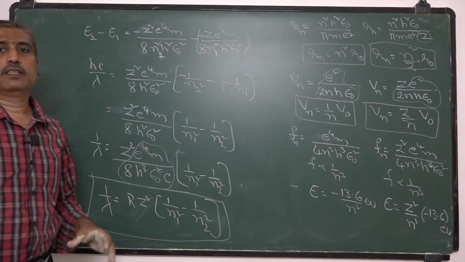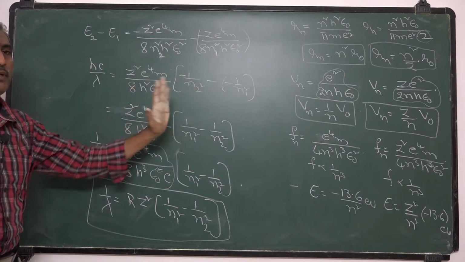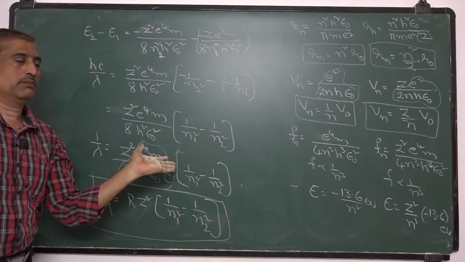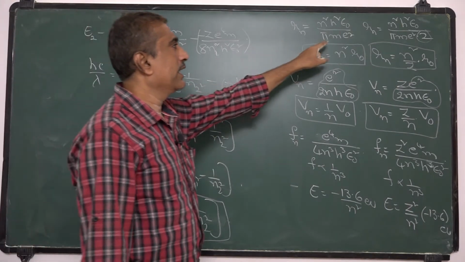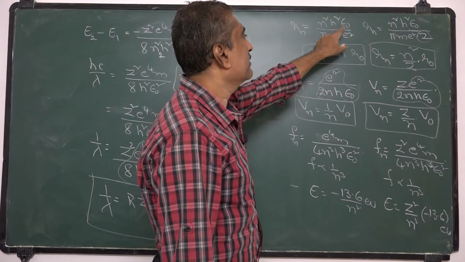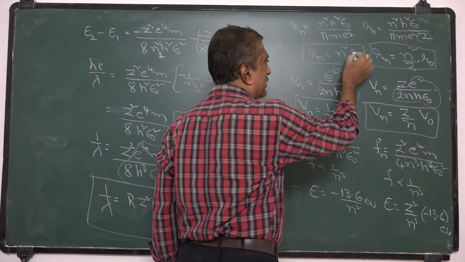Okay, these are the equations that we have to compare for the hydrogen atom and other atoms. If it is the hydrogen atom, the radius is n square h square epsilon naught, so we write it as Rn is equal to n square r naught.